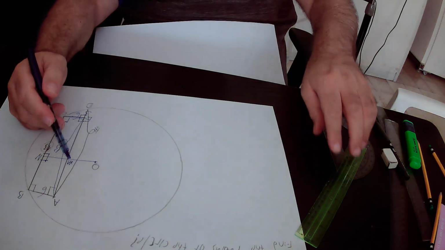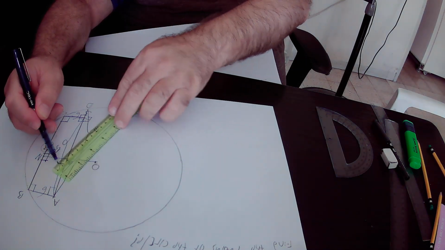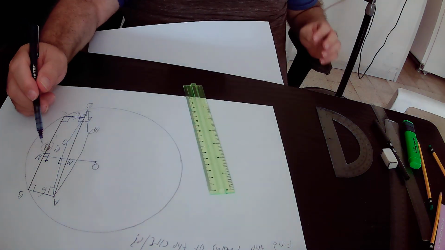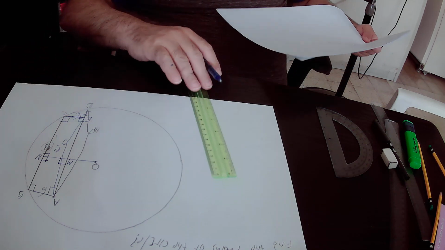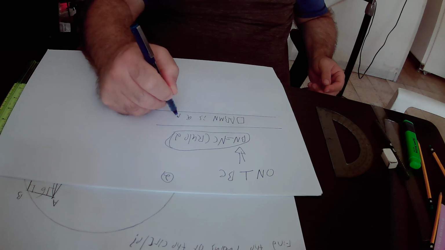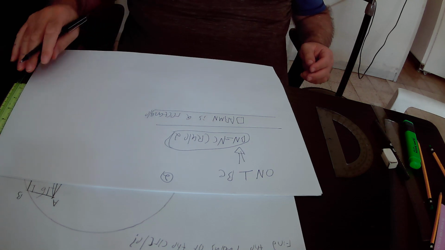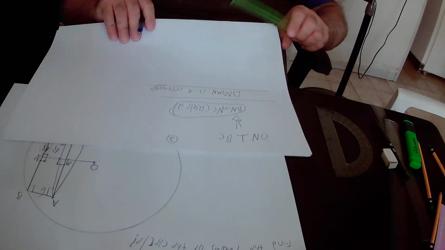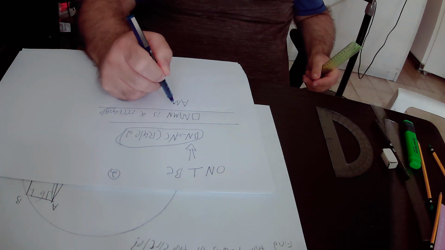And therefore, the fourth angle must also equal 90 degrees, according to the rule that the sum of the angles in any quadrilateral is equal to 360 degrees. So, quadrilateral ABMN has 4 right angles, and therefore quadrilateral ABMN is a rectangle. And we know that the opposite sides of a rectangle are equal to each other. That is to say, AM equals BN.